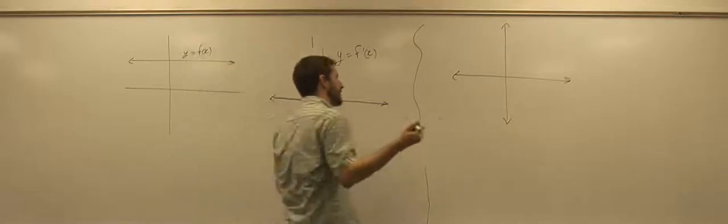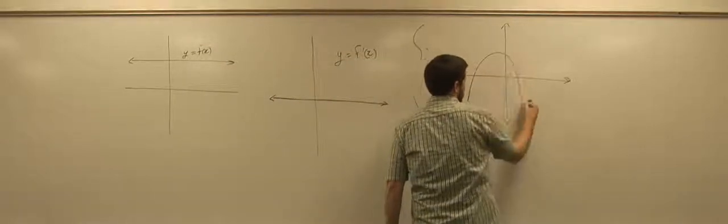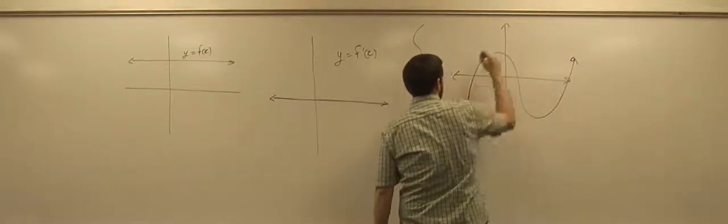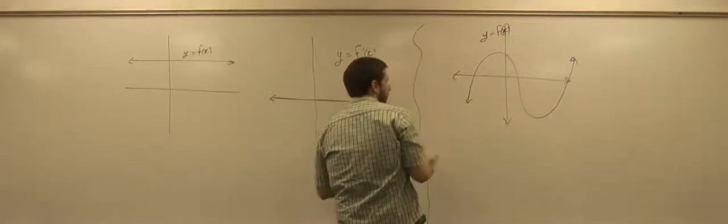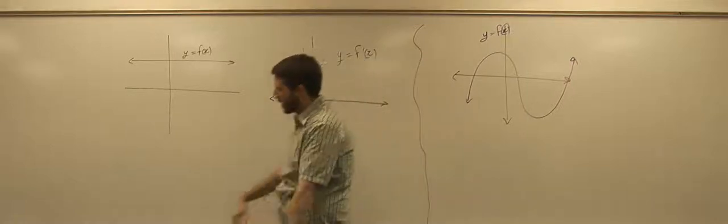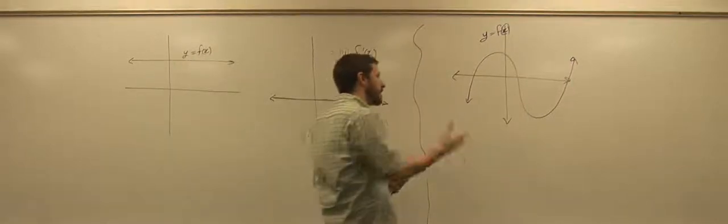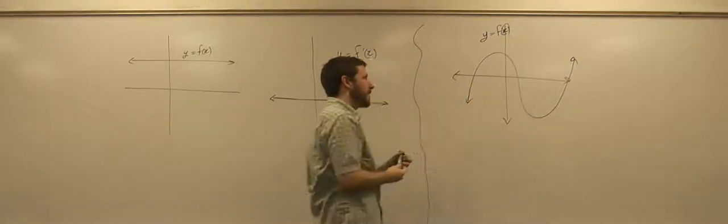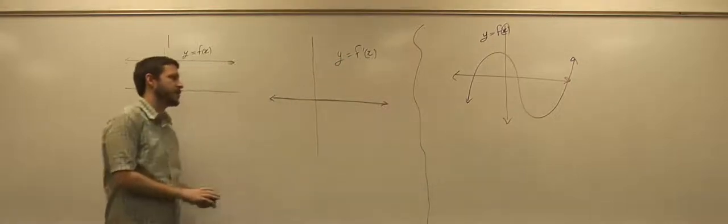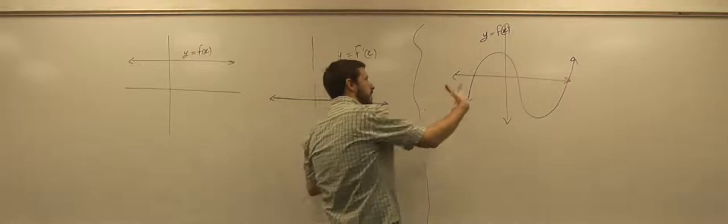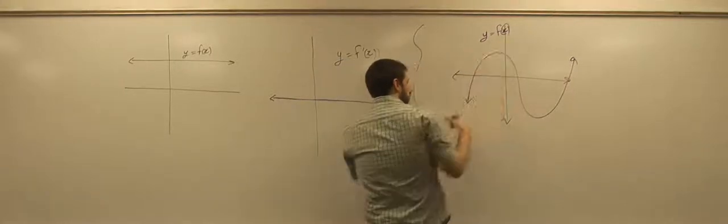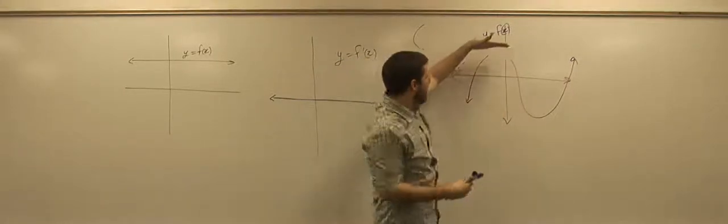So, suppose I gave you this guy, y equals f of x. The kind of problem we're talking about here is I give you a function, I want you to graph the derivative. What's really important when you're graphing the derivative of a function is where it has a horizontal tangent line, right?